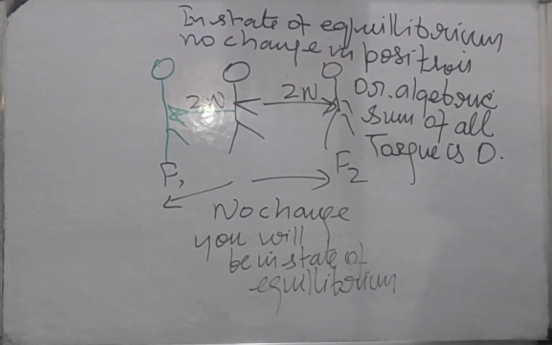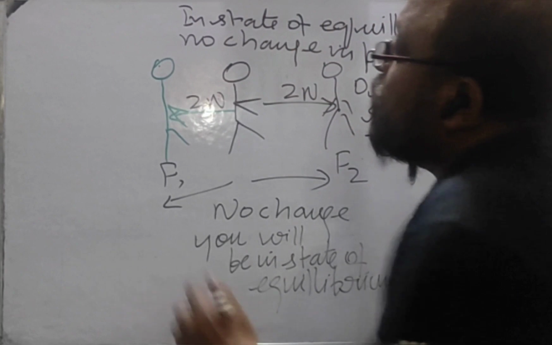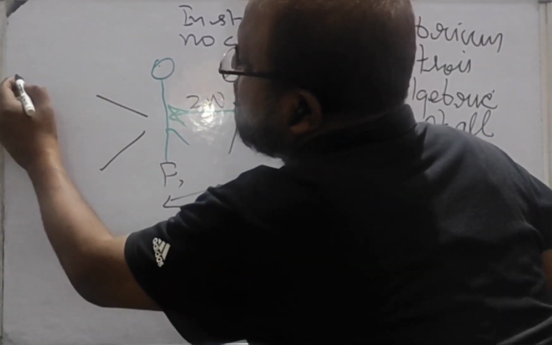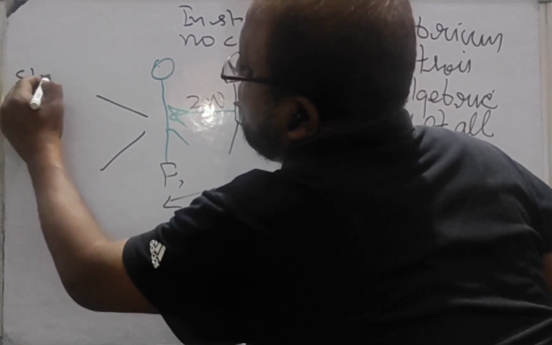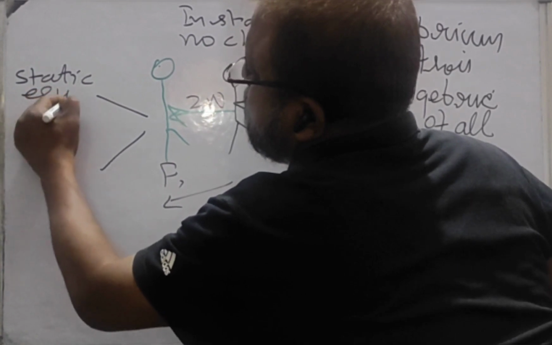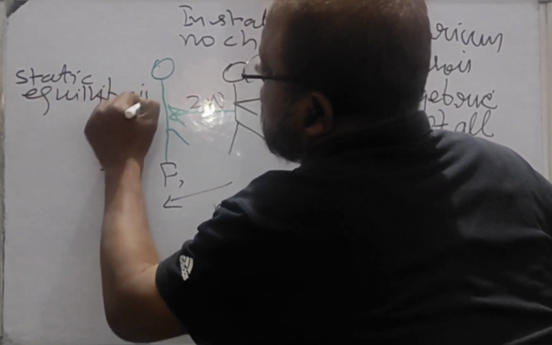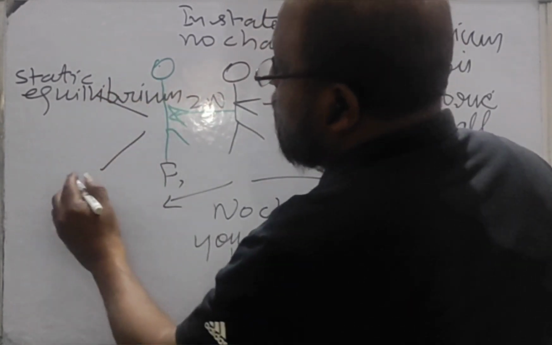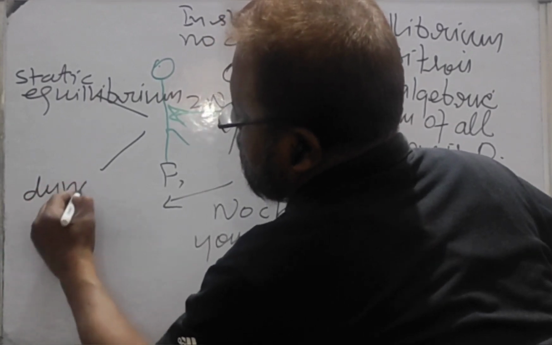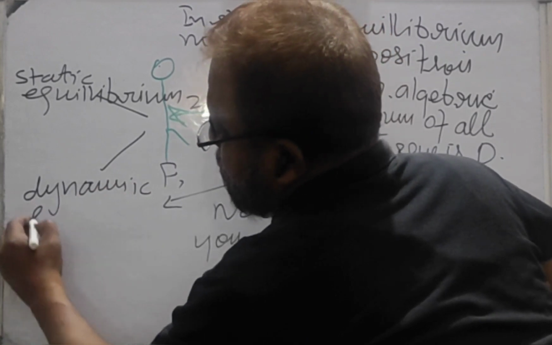Now equilibrium is of two types. One is called static equilibrium, and another one is dynamic equilibrium.